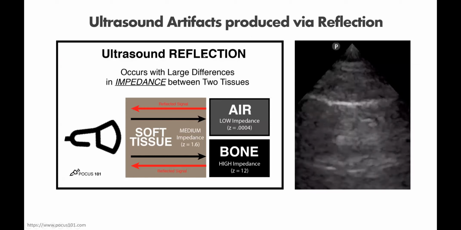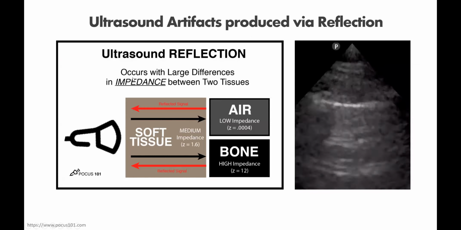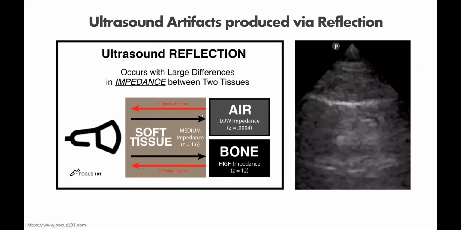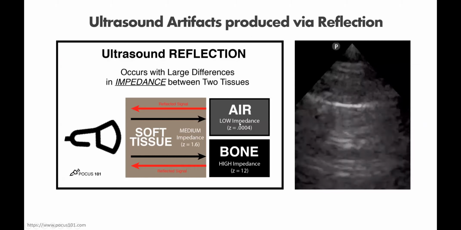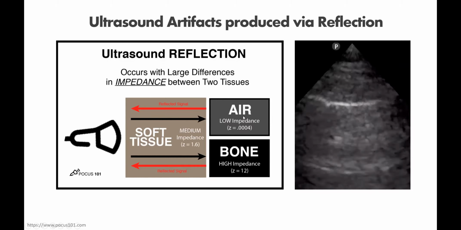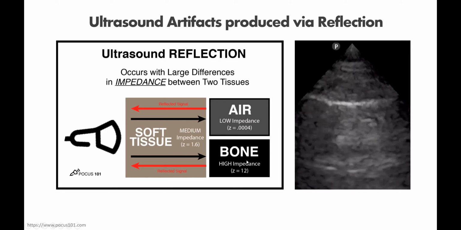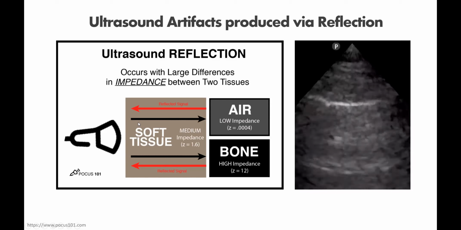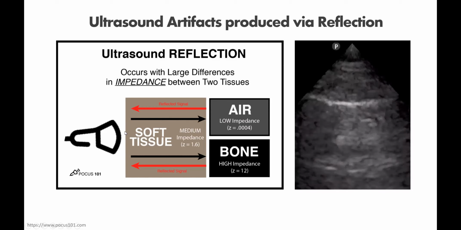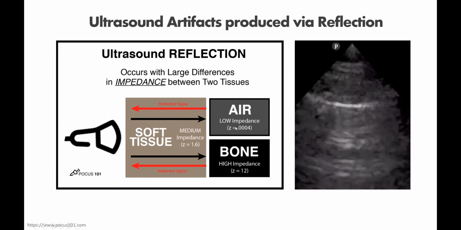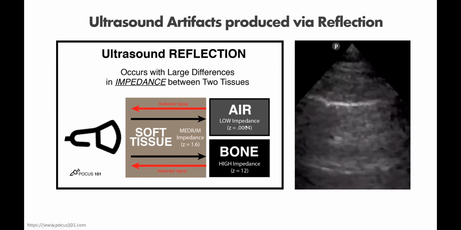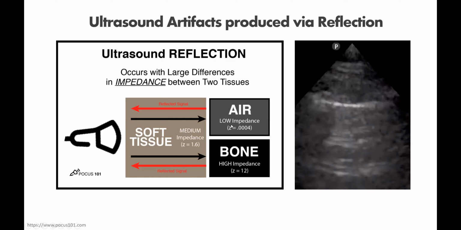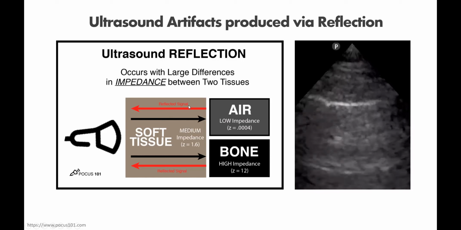The first one is ultrasound reflection. Ultrasound reflection occurs with large differences in impedance between two tissues. In the lungs, especially, there is air and also bone, multiple bones, anterior and posterior ribs. When the ultrasound beam is directed towards these two tissues, which have very large differences in impedance, we can have a lot of reflection artifacts.